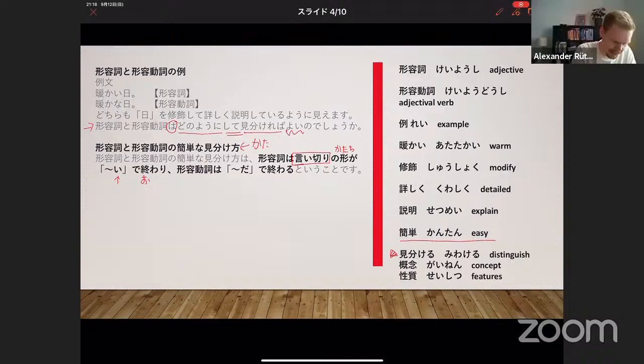For today's lesson, I would say これで終わりです, at the end of the lesson. 終わり. So it ends with i, already, it's an adjective. 形容動詞は だ で終わる, it ends with da.